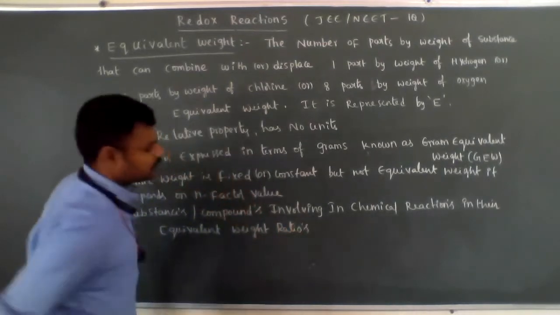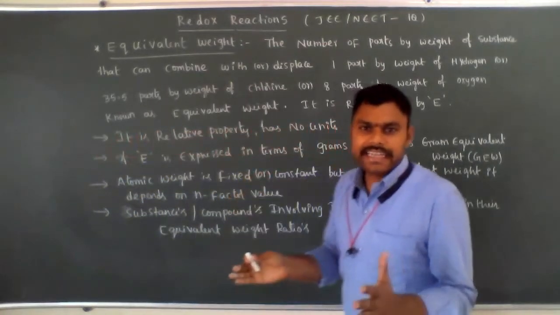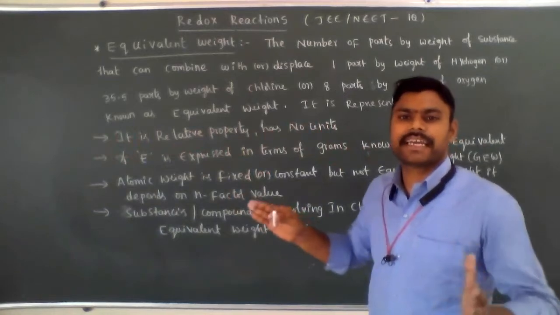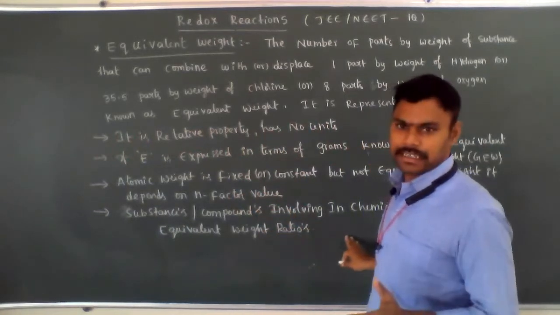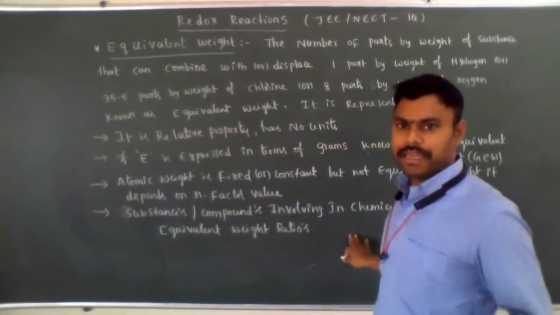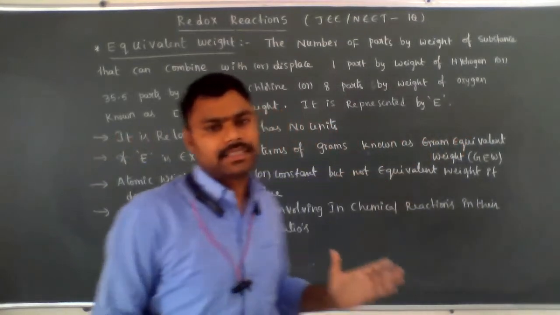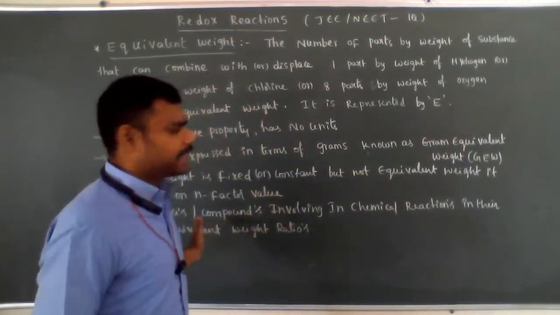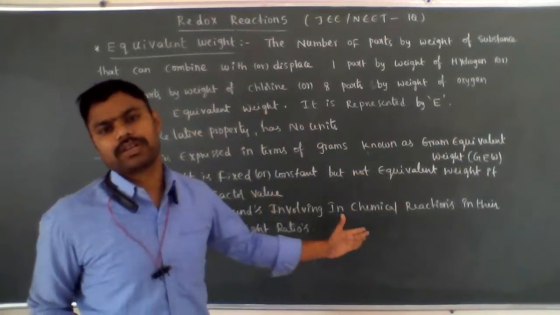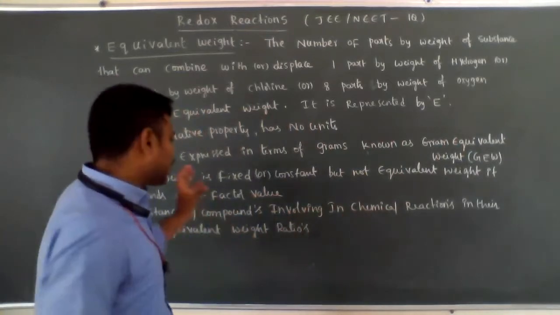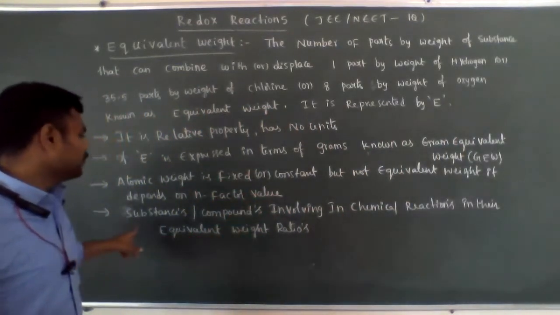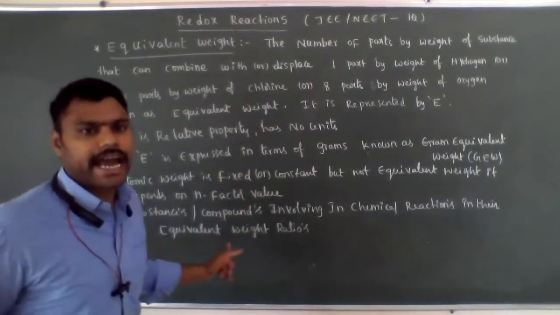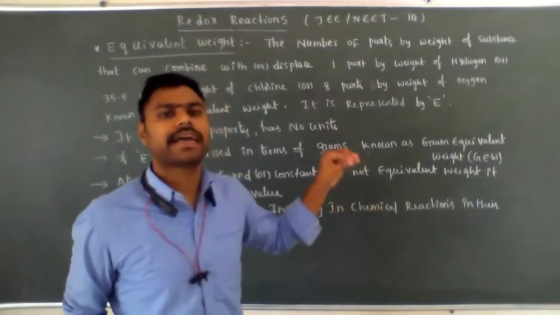So in chemical reactions, for all reactants and products, their equivalent weights are equal. Means, for example, any chemical reaction you take, there contains 2 reactants and forms 2 products, or maybe a single product. So in a chemical reaction, the number of equivalents of all reactants and products are all equal.